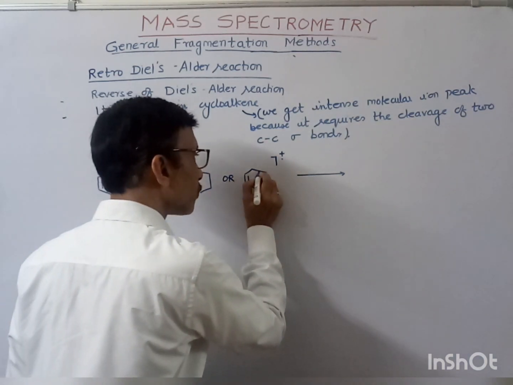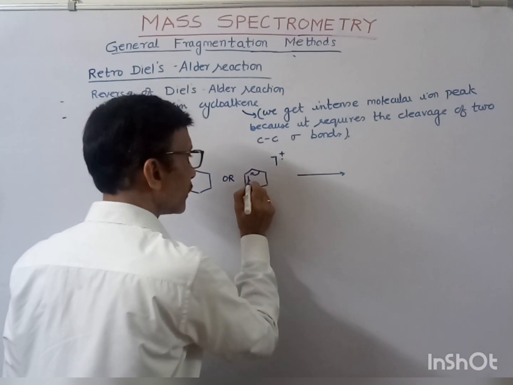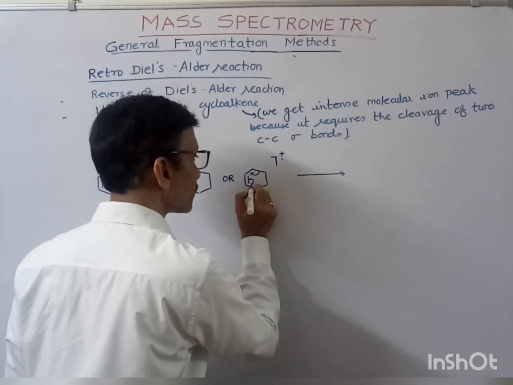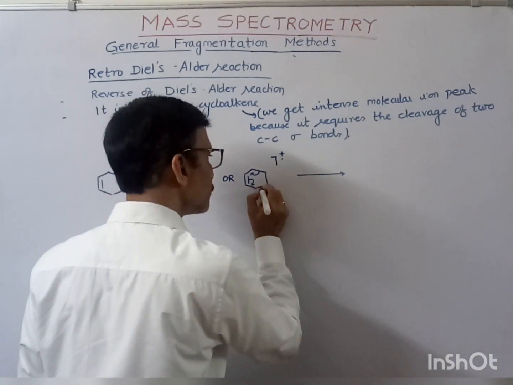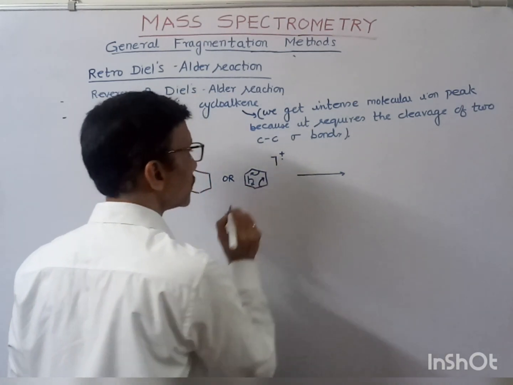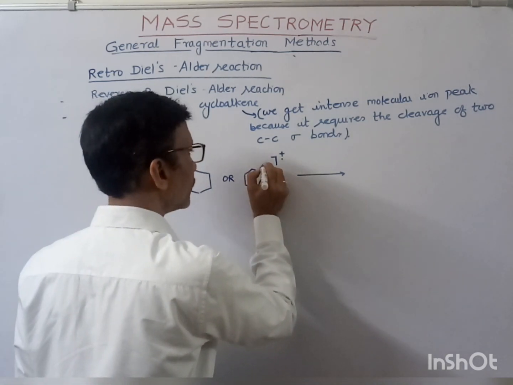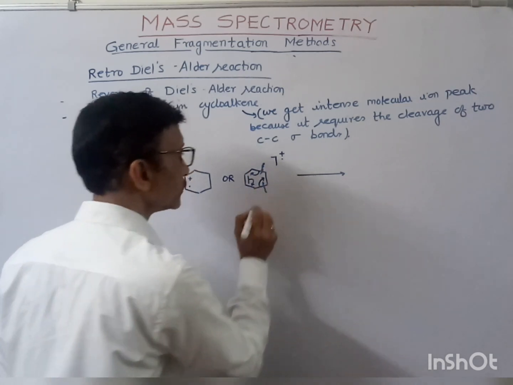So suppose this bond cleaves, and if this comes over here as a double bond, then this double bond is converted into a single bond, and now this bond will also cleave like this. So you may see that two bonds undergo cleavage. This is one of the bonds under cleavage, and this is the other bond which cleaves.